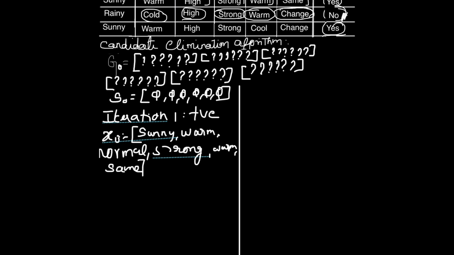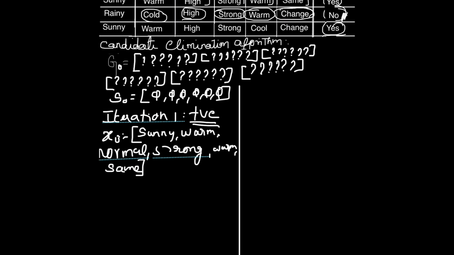So these are all the values which we found in sample 1 as per the records. This is sunny, warm, normal, strong, warm, same. So we are saying it is a positive outcome because in the output label we have yes.